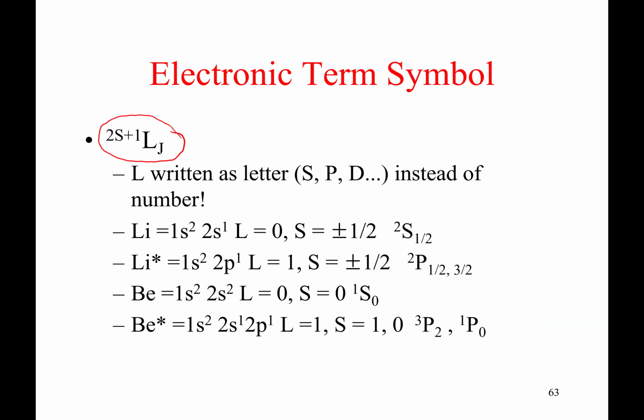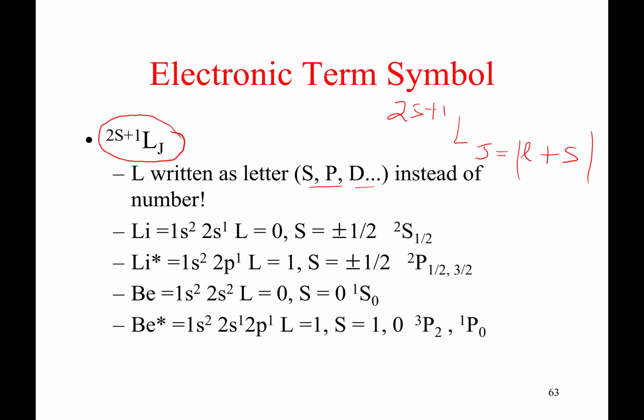It is 2S plus 1, then you have the L value and then J. Remember, J equals L plus S, the magnitude. And the big S is the sum of the small s's, which means you can have L as these letters, S, P, D, F, instead of a number.